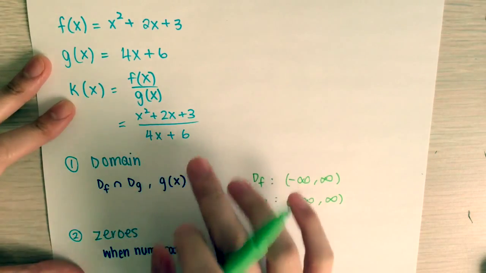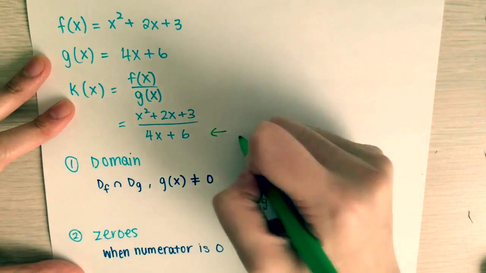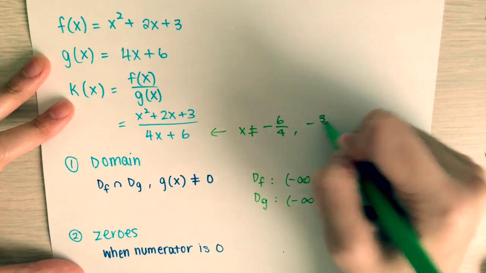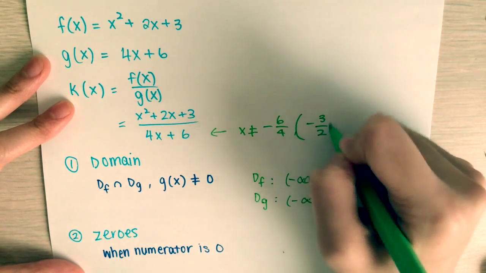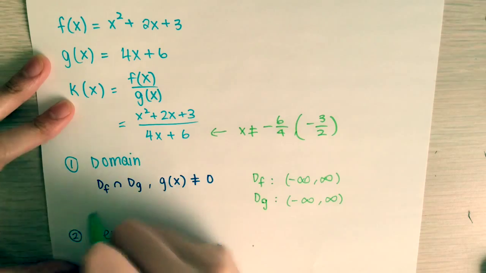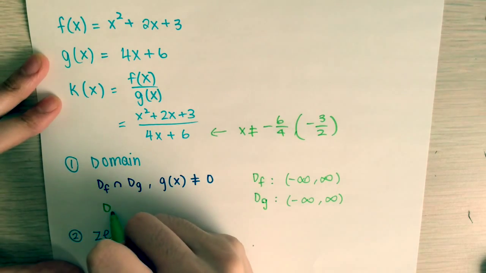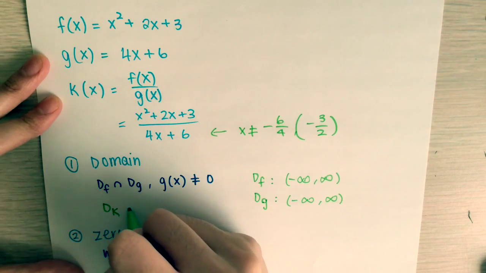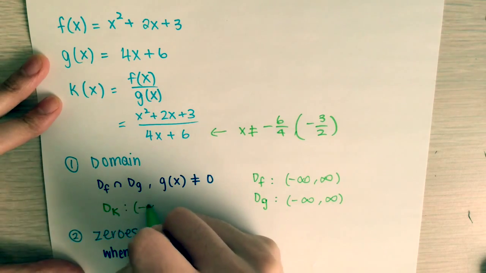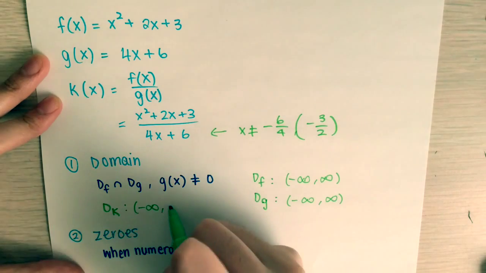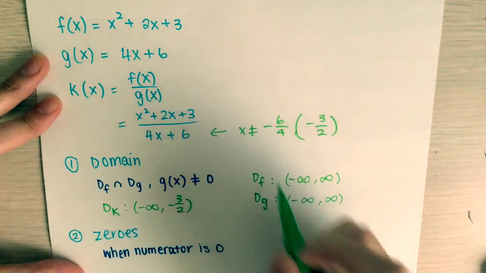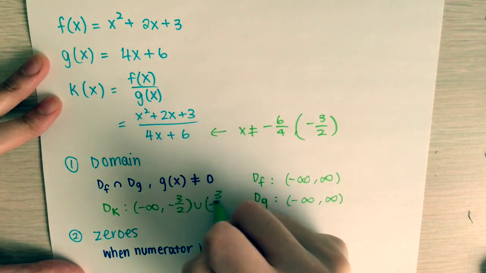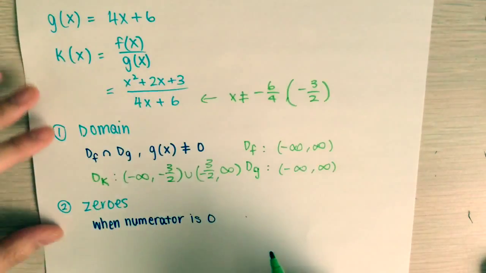However, in the denominator, we can easily see that x cannot be -6/4, or basically -3/2. So the domain of k would be (-infinity, -3/2), not inclusive, it's exclusive, union (-3/2, infinity).